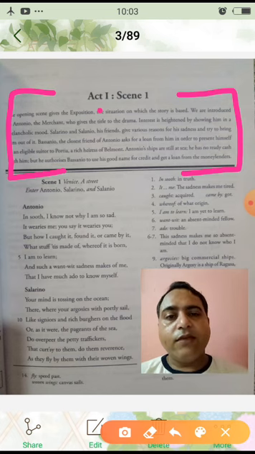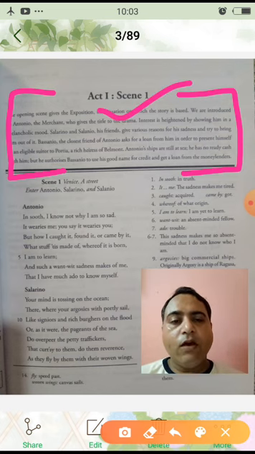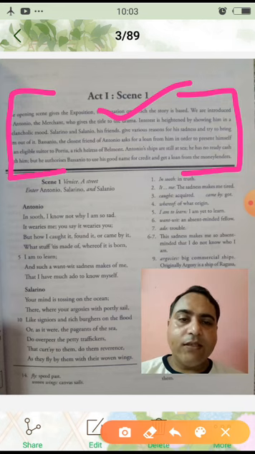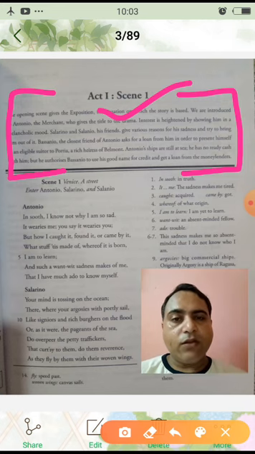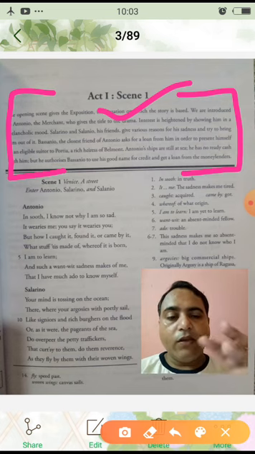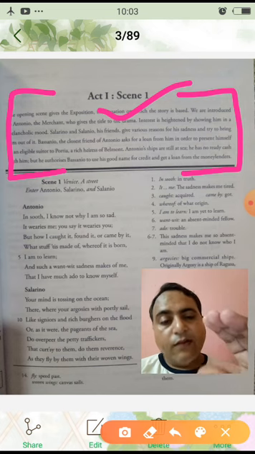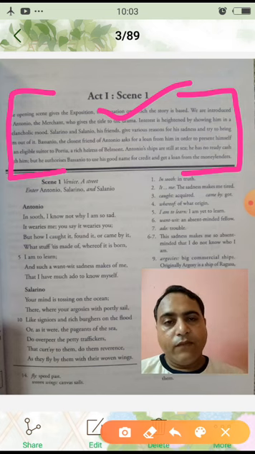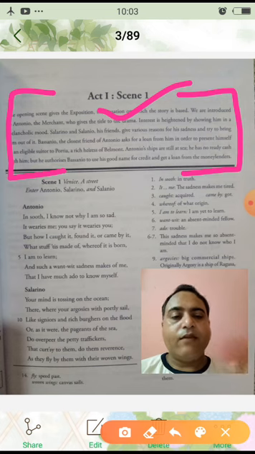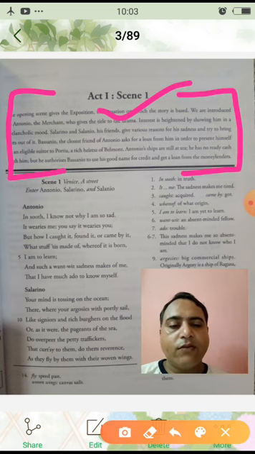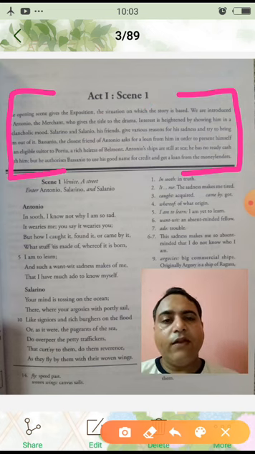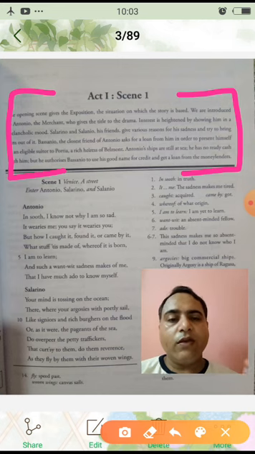In this, what is given is what you are going to study in the whole scene. That is given in your British English in order to tell you what things you are going to study in this scene. We can say in brief, the whole scene's explanation is given. Understood? First of all I will explain this, what you are going to study in this scene, and then I will come to this part.